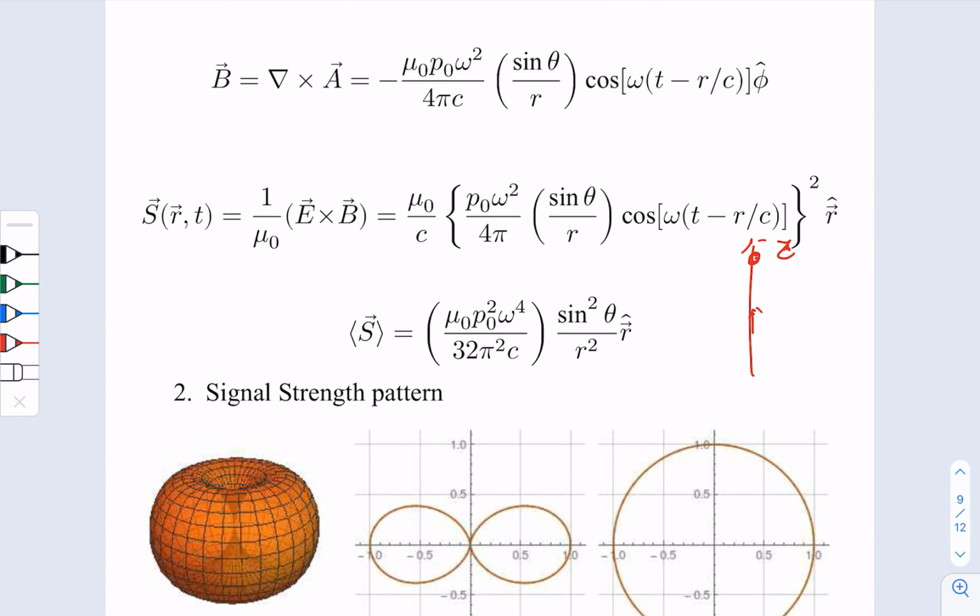So if I try to plot how your Wi-Fi signal looks like, it will be over the left in 3D. What I'm plotting here is an equal strength surface. At each of these surface points, the Wi-Fi strength is exactly identical.